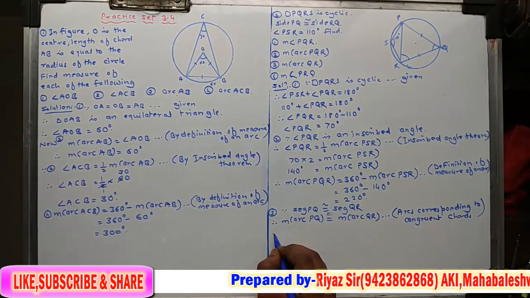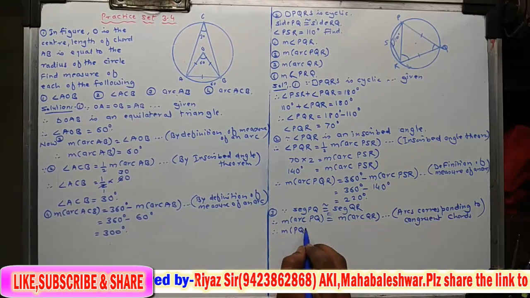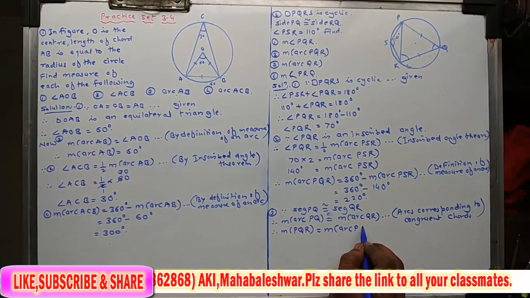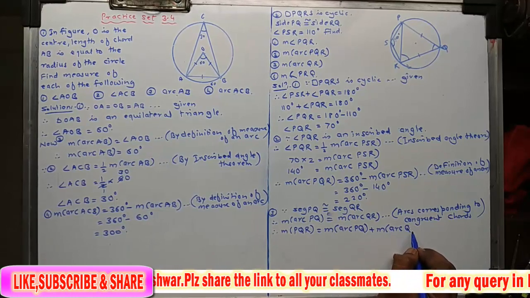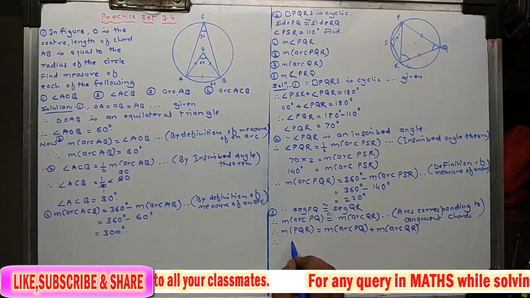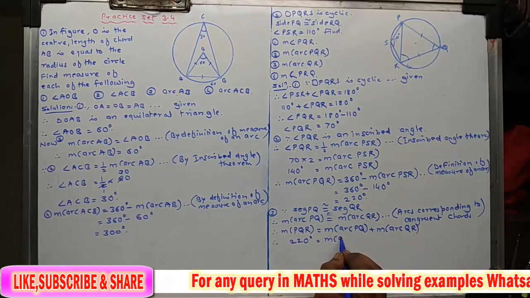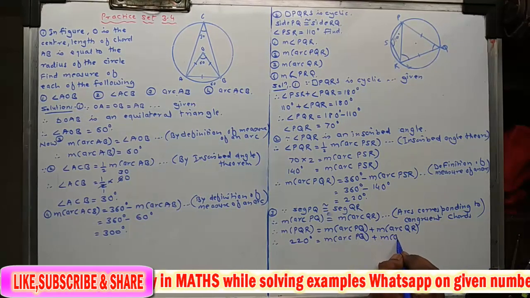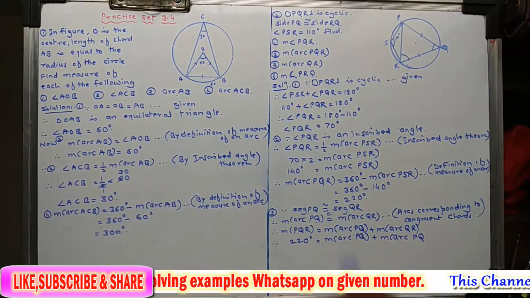Okay, and therefore the measure of arc PQR is equal to the measure of arc PQ plus the measure of arc QR. Therefore the measure of arc PQR is 220 degrees, equal to the measure of arc PQ plus the measure of arc PQ, because arc QR is equal to arc PQ.